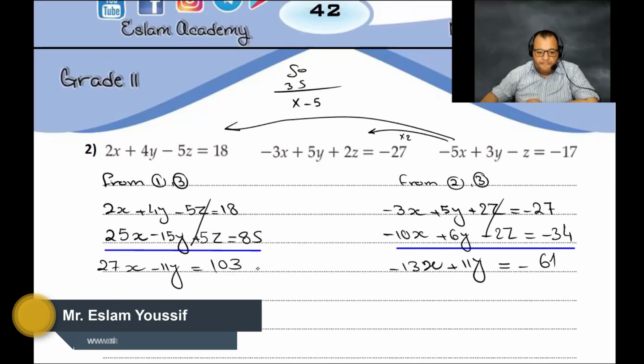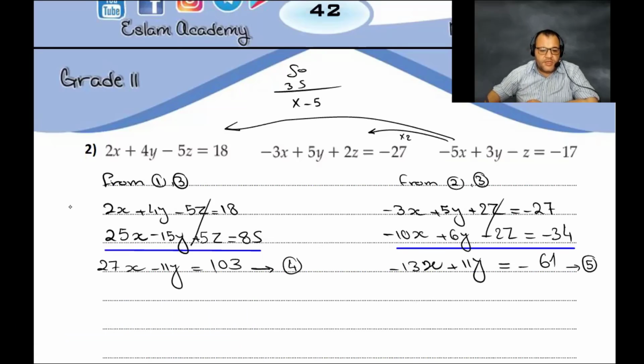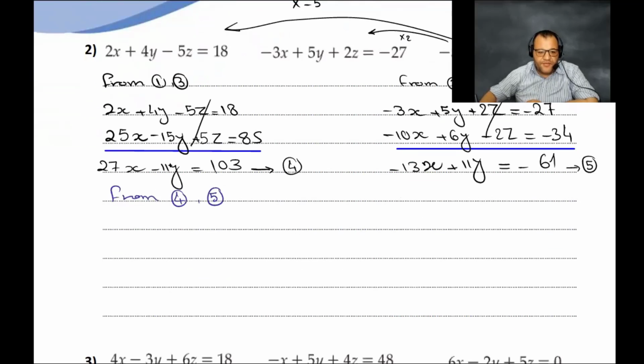No, sir. That's equation number 4, and that's equation number 5. Look at 4 and 5, you will find that we have negative 11y and a positive 11y, so no need to multiply. The first is 27x minus 11y equals 103.